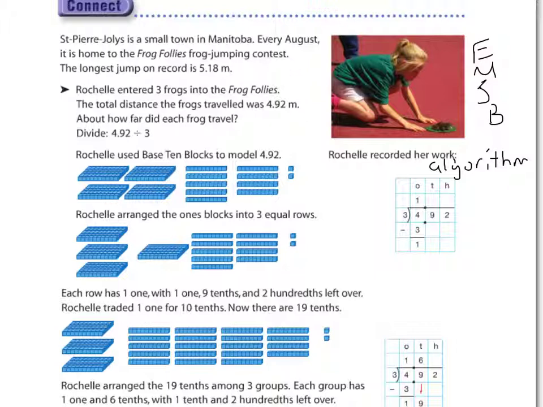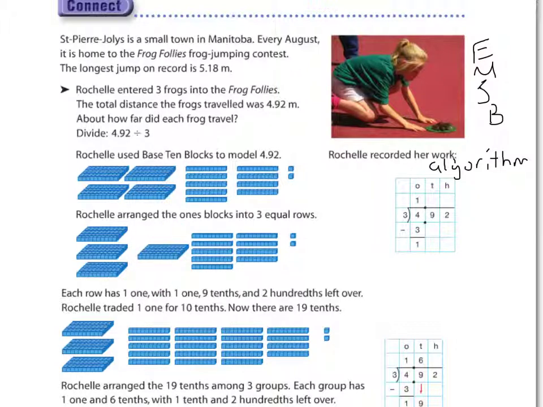Now she's trying to create them into groups of 3. So she's going to rearrange it so her whole number is divided into groups of 3. And we have 1 complete group. So here you can see there's 1 group of 3, which is 3. We take that away, we're left with 1. So here's the 1 that we have left.